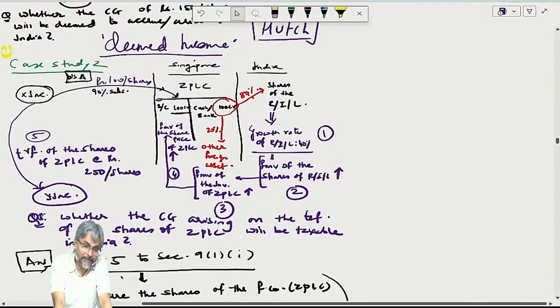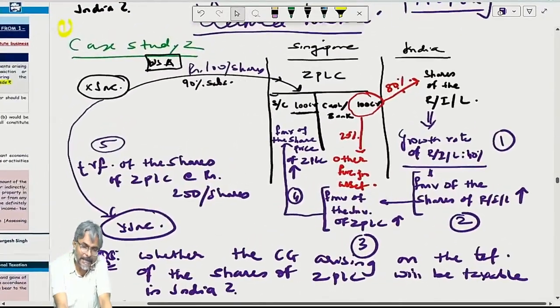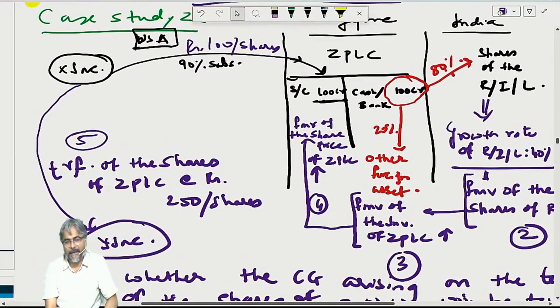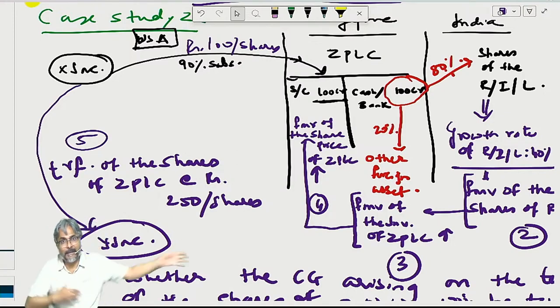So if that is the case, students, now be careful. This entire case study that we have introduced was targeting whom? XINC. He is the architect of this entire thing. He did this because in case study 1, he got the taste of what will happen if I do a direct investment in India and then do a transfer. That's how he did this.